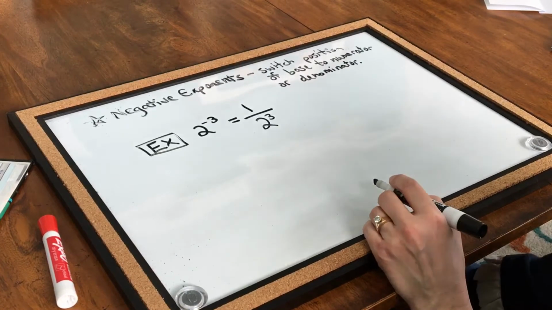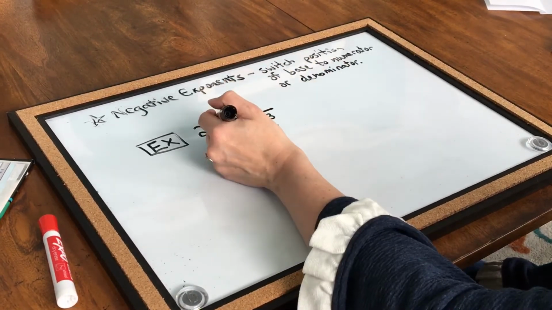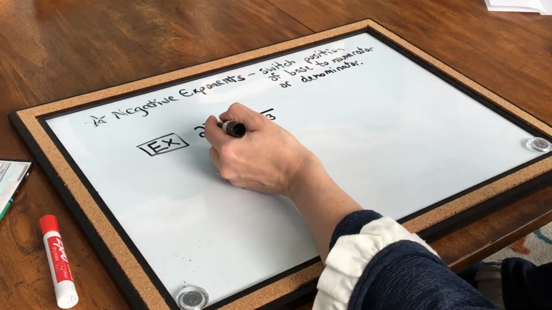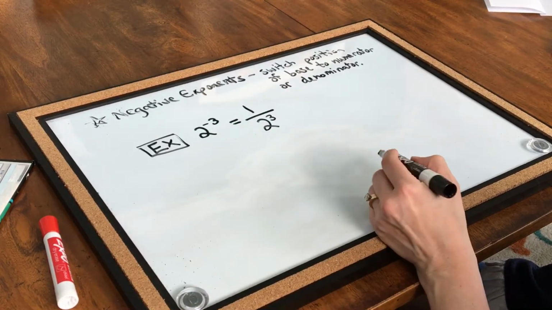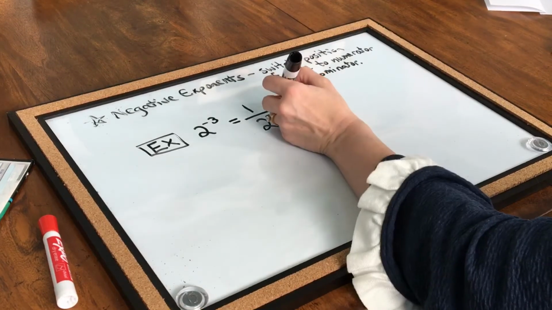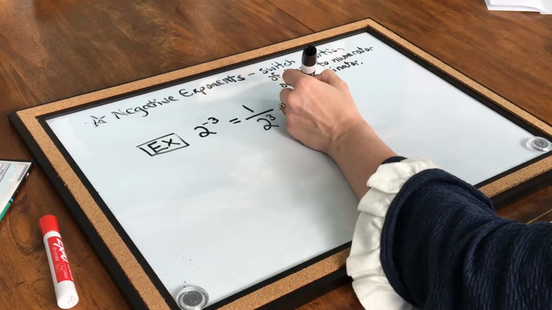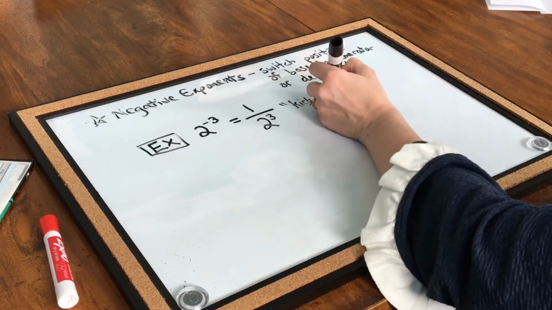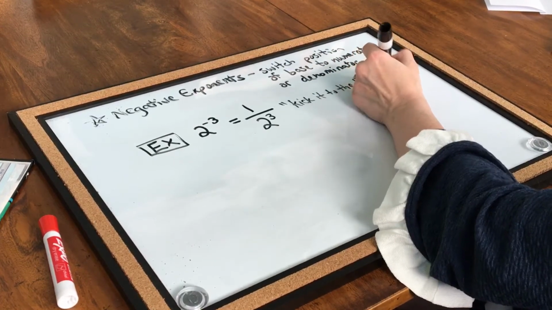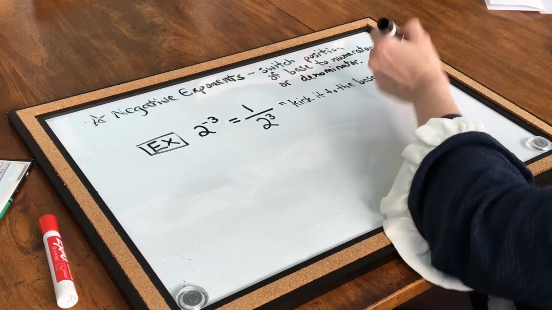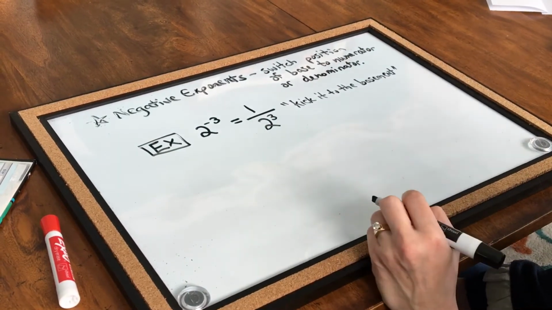Okay, so this is the definition. So if we have a negative exponent, that means we need to kick this base to the basement, and then once we kick it to the basement, the exponent becomes positive. So a lot of times I will call this kick it to the basement. Okay, negative exponent usually means that we're going to send it downstairs.